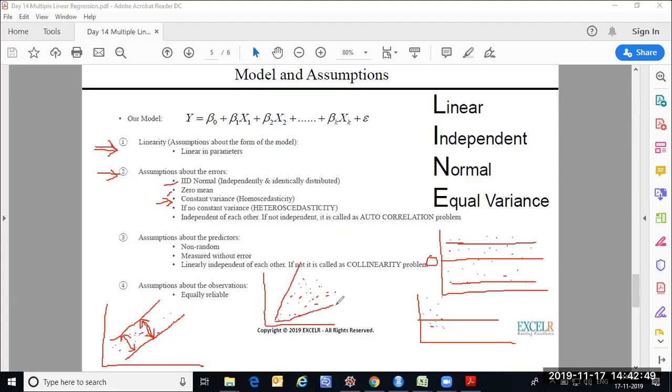The variance keeps increasing as you move forward on the x-axis. The spread here is way higher than the spread you are seeing in the initial phase. Correct?